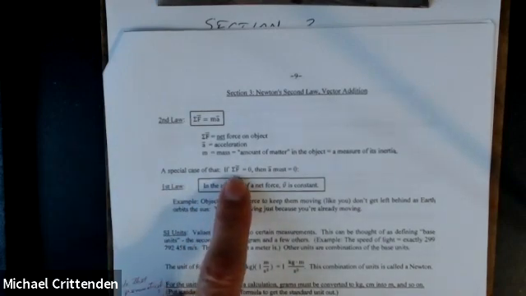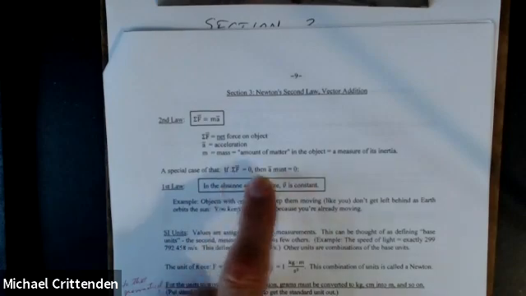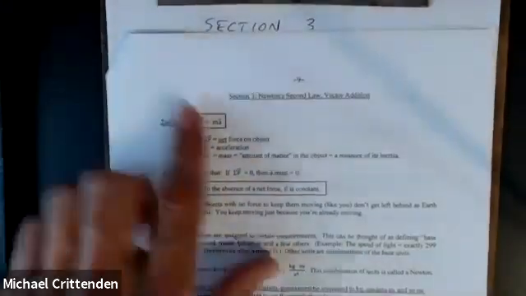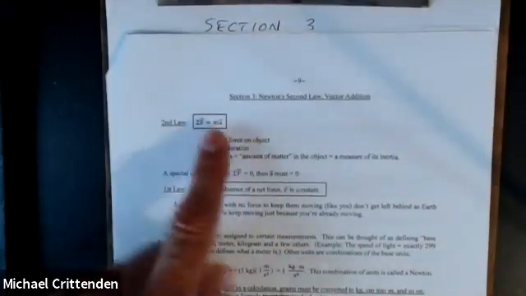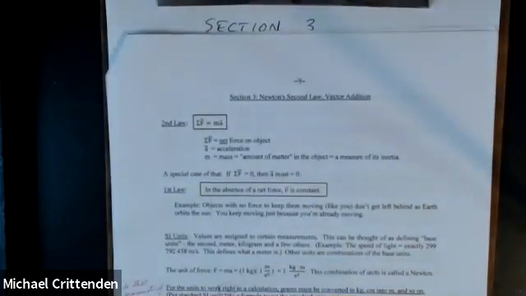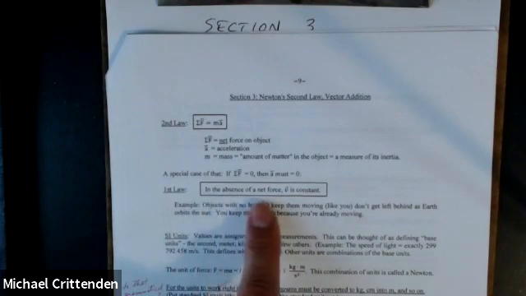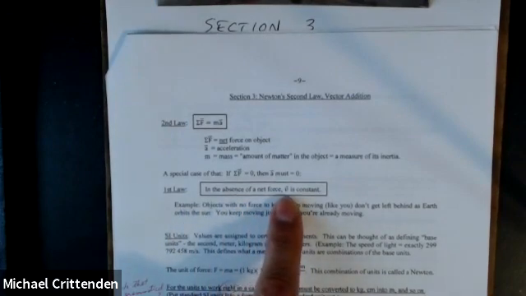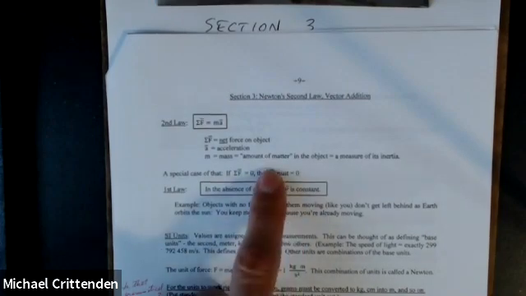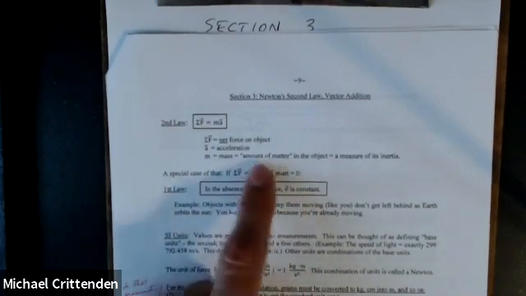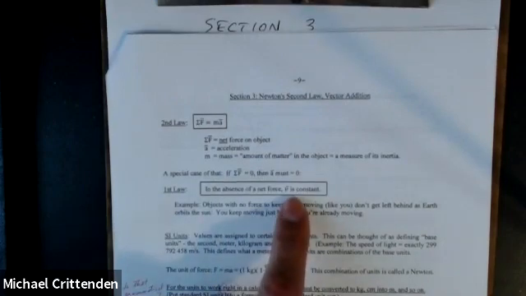The total of all the forces was 0. Therefore, it follows from F equals ma that if this is 0, then that has to be 0. In other words, in the absence of a net force, the velocity does not change. No acceleration, constant velocity, two ways of saying the same thing.